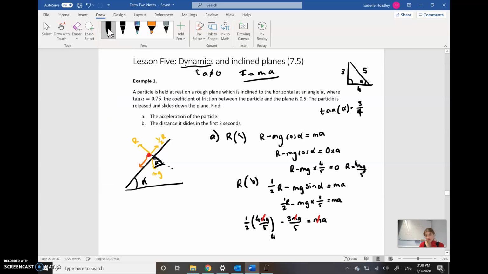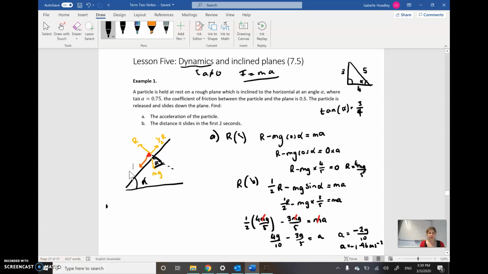And I get 4g/10 minus 3g/5 equals a. So that would be 6g over 10. So 4g over 10 minus 6g over 10 gives me negative 2g over 10. So my acceleration would be negative 1.96 meters per second squared.